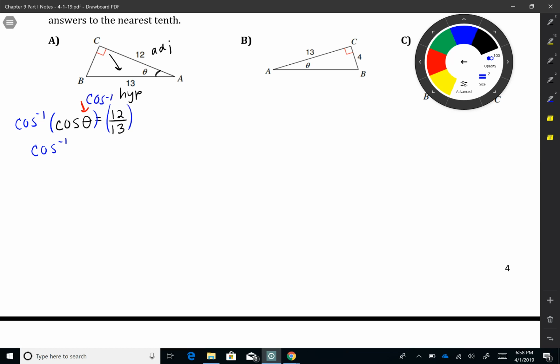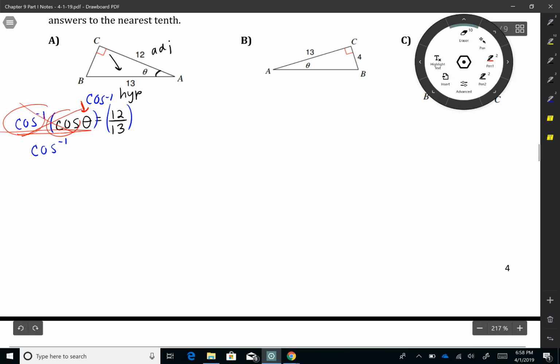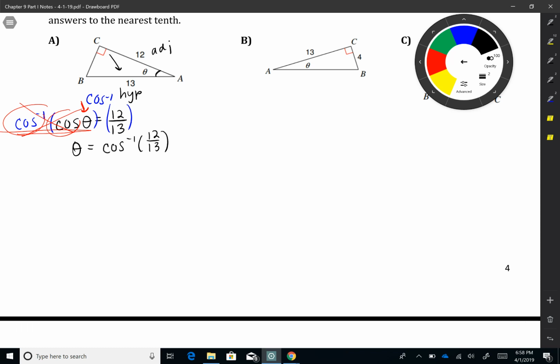Okay, so when I do the inverse cosine, the inverse cosine and the cosine actually cancel each other out. And the only thing that's left over on the left side then is going to be theta. And on the right side, I want you to type in your calculator the inverse cosine of 12 over 13. So you're going to type second cosine 12 divided by 13.